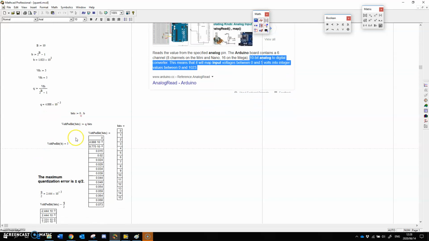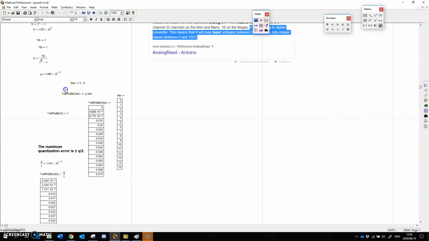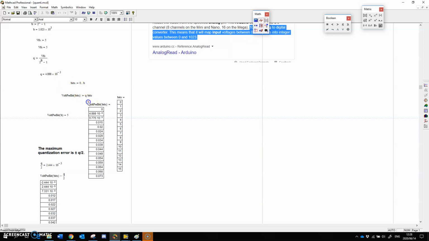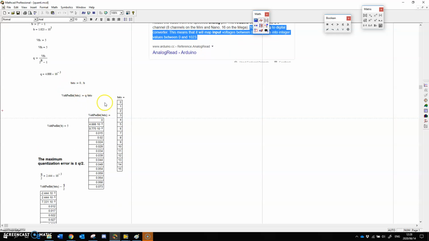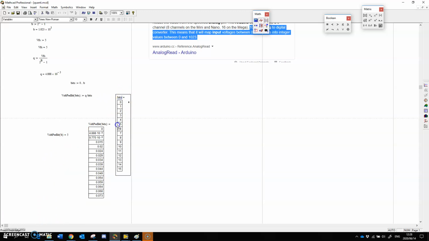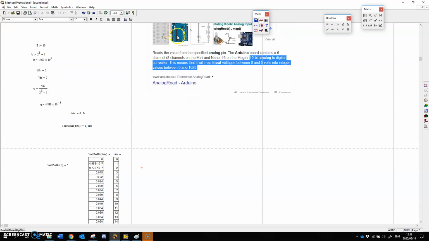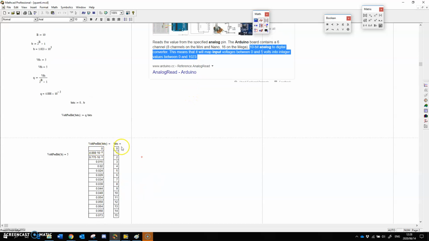What does voltage per step mean? I just defined a range here. It means to read the value 0, we need 0 volts. So if we read on the analog pin of the Arduino 0 volts, it's going to give us a 0.